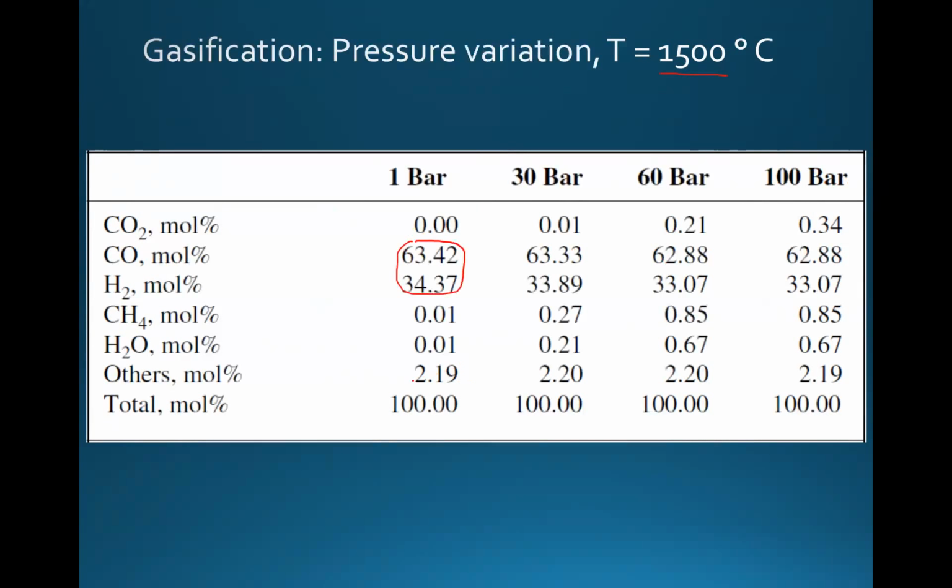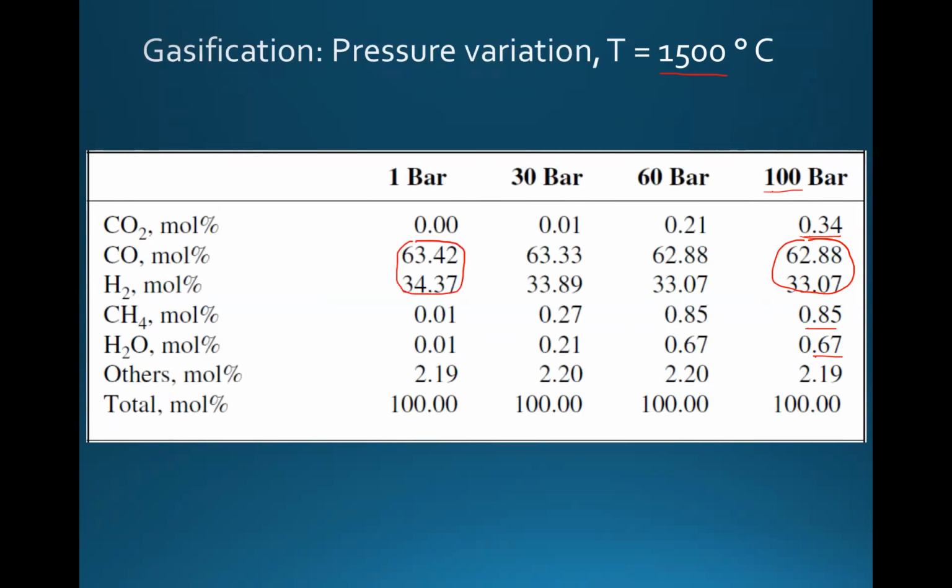If we raise the pressure to 100 bars, we're going to keep high yields of carbon monoxide and hydrogen, and we're going to have a little bit of methane, a little bit of water and a little bit of CO2, but it's not as bad as in the previous case at 1000 Celsius.